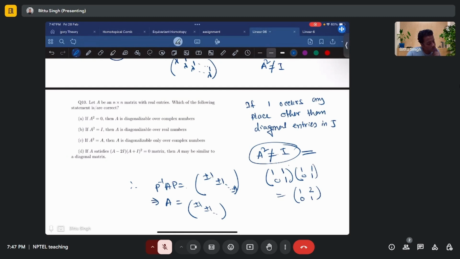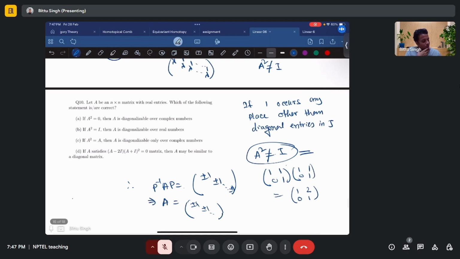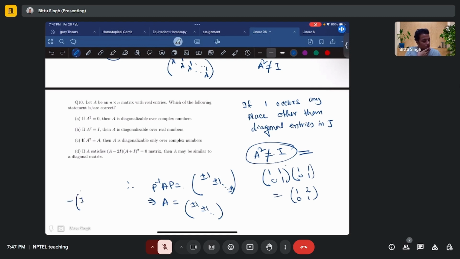Sorry, A may not be the same, because if we take the negative sign common, then it will be identity. No, because minus of I means we cannot take that common.